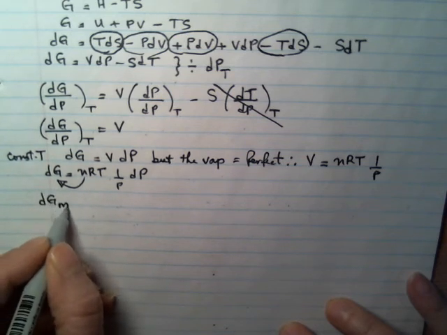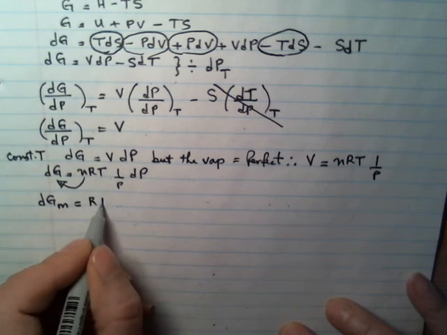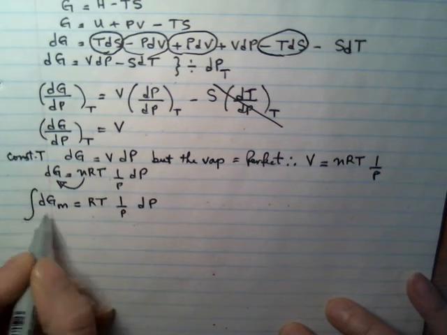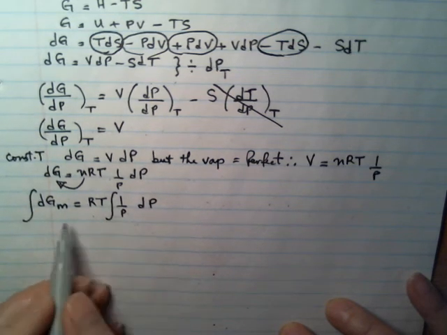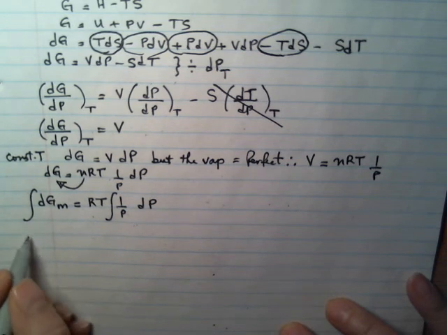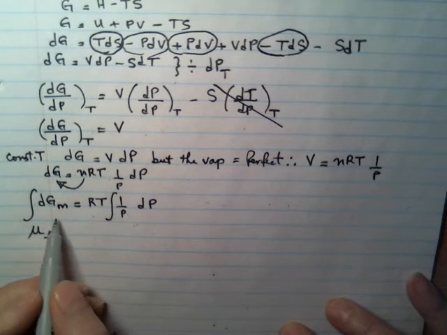and that gives me a change in the molar Gibbs free energy, which is a chemical potential, RT 1 over P dP. Then I want to integrate it, and I know that R and T are constant, and instead of writing delta G, I'm going to say that that's equal to the chemical potential, because that's what a chemical potential is.